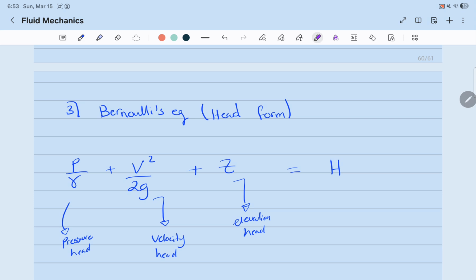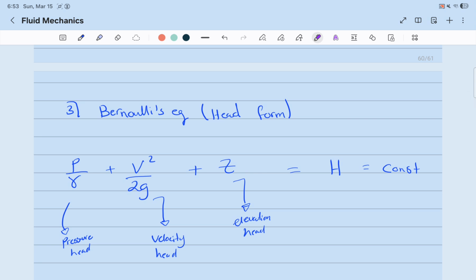Altogether, that will give you the total head. And again, it's a constant. So the same total head at point 1 will equal the same total head at point 2. Therefore, the only difference is that at point 1, P1, V1, and Z1 will equal P2, velocity 2, and elevation 2. Okay, and then you can find the unknown.